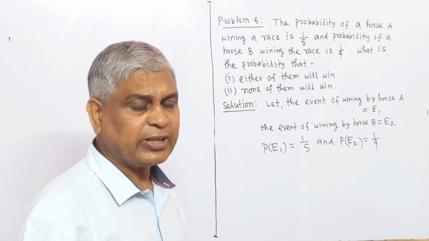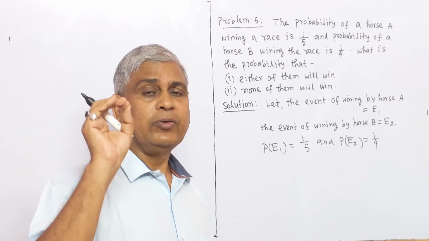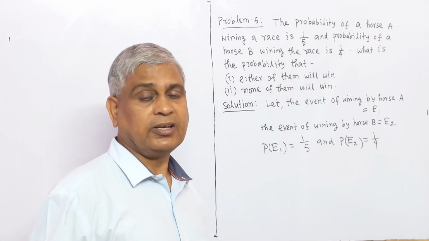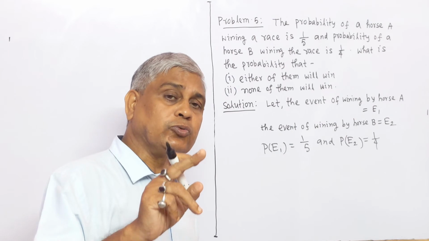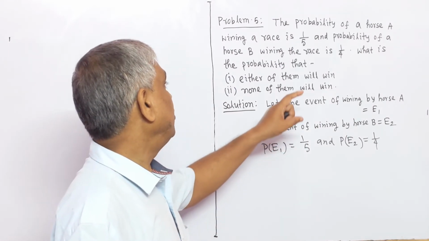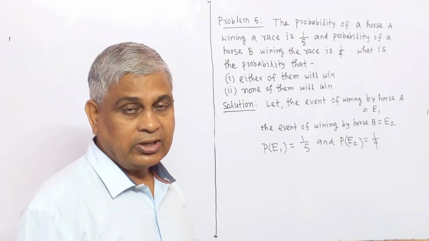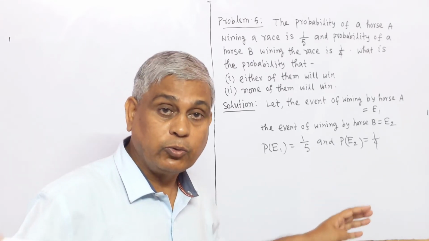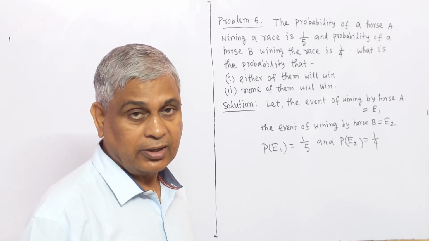It may be possible that there are other horses also, but we are considering only 2 horses here. In the race only one horse will win, that may be horse A or horse B or any other horse. No 2 horses may win together. Only one horse will win.